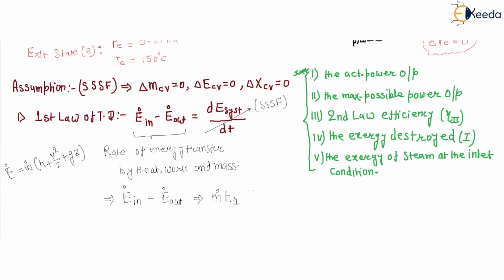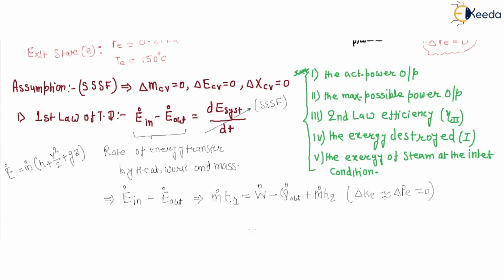And what is the out? The work is out, plus the heat is also out, plus the energy associated with the mass, m dot h2. Why? Because delta KE and delta PE are approximately 0.